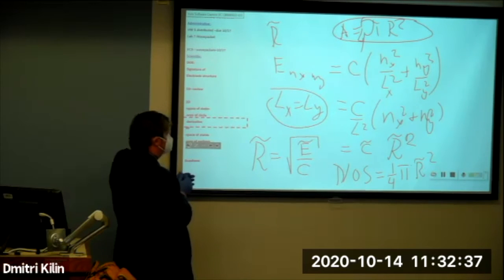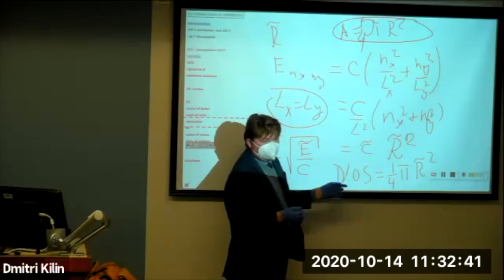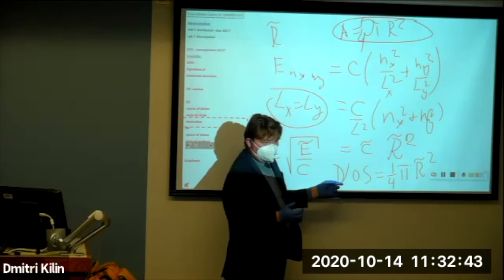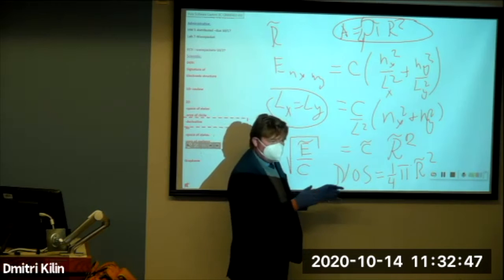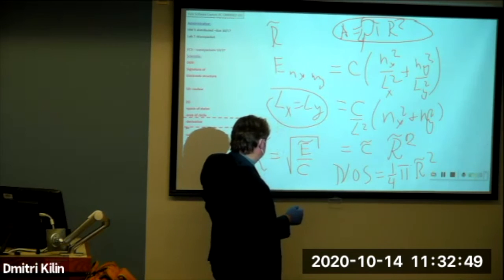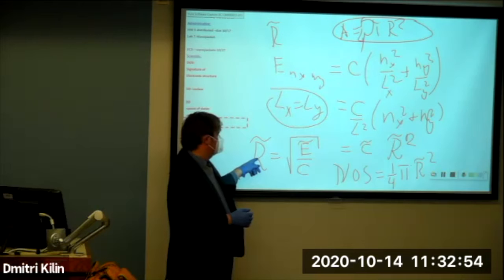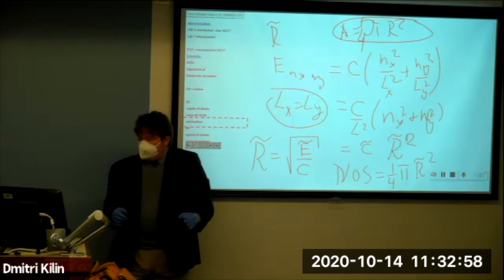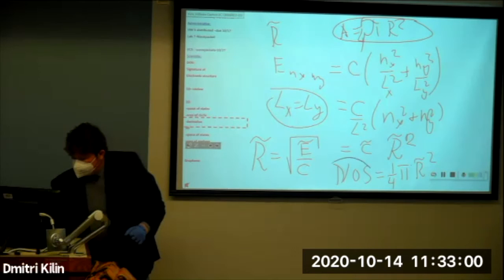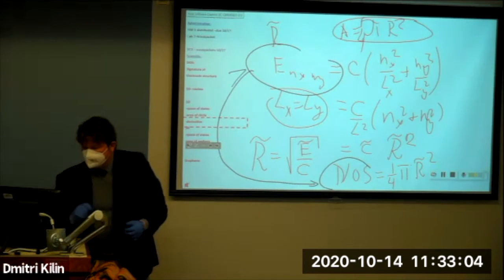So you can tell that the number of states equals some constant times energy, right? No one objects, neither online nor in person. And this is just a note: radius is the square root of energy. Okay, so we agreed that these two things are equal up to a constant.